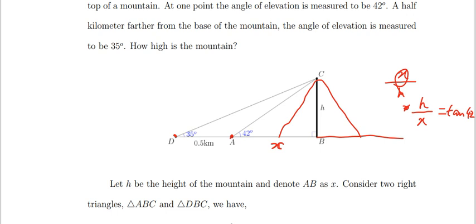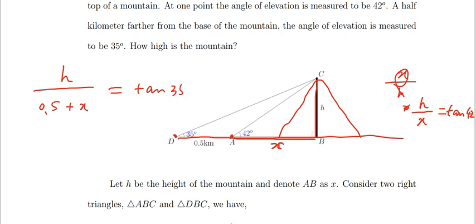And in the same way, from right triangle DBC, we have h over DB, and DB equals DA plus x, so this equals 0.5 plus x, which equals tangent 35 degrees.